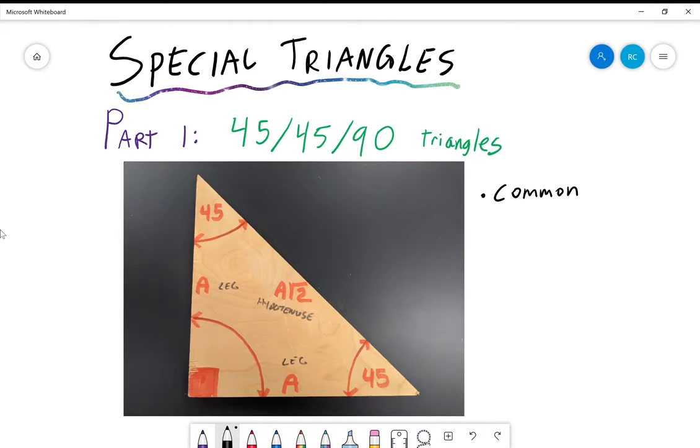So what we're doing here essentially is coming up with a shortcut for these 45, 45, 90 triangles. Now, you should recognize this as one of the large wooden triangles from my classroom. It is in fact demonstrating the 45, 45, 90 triangle theorem.